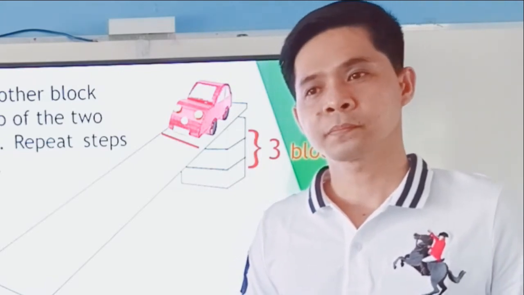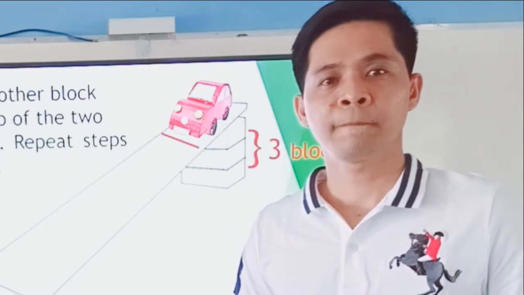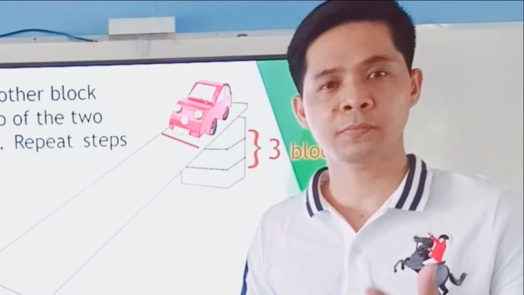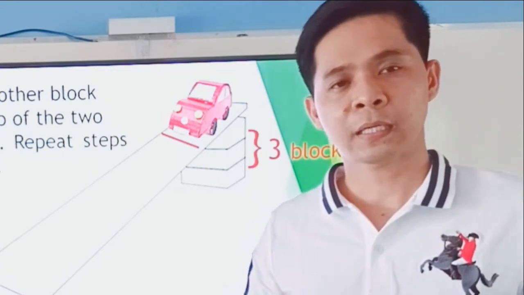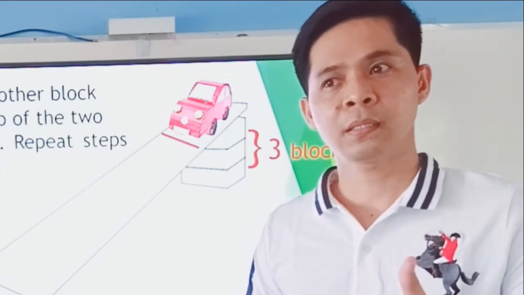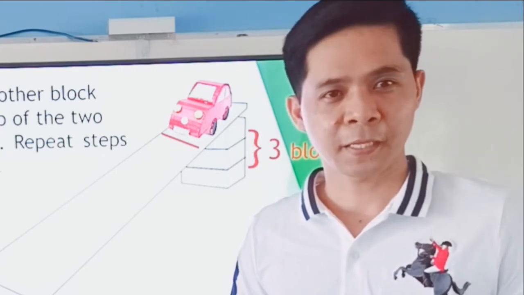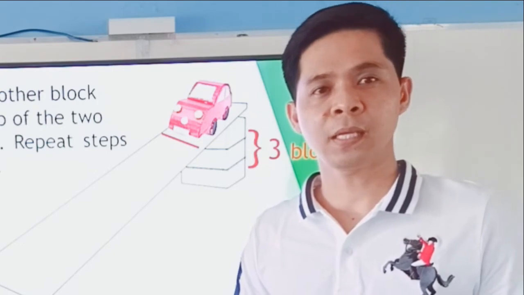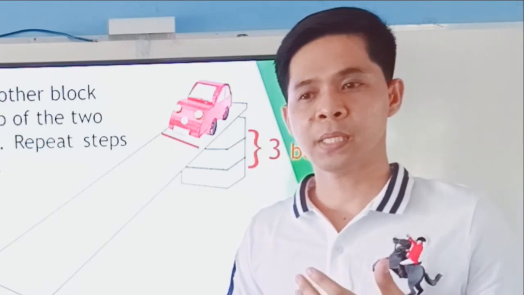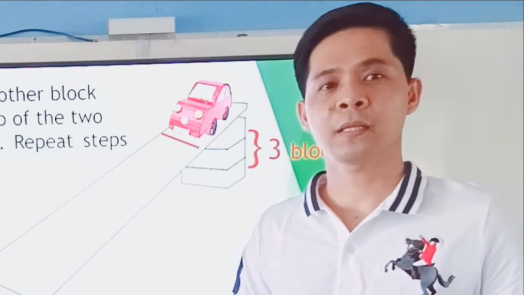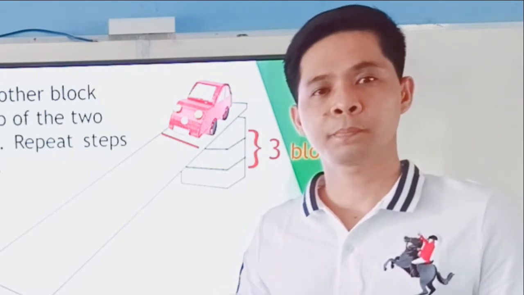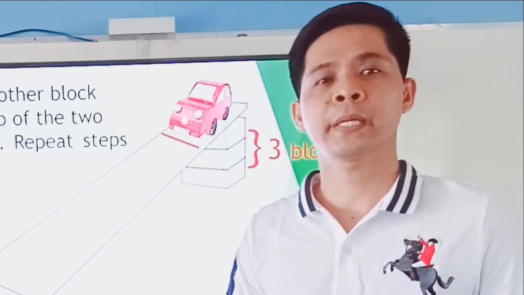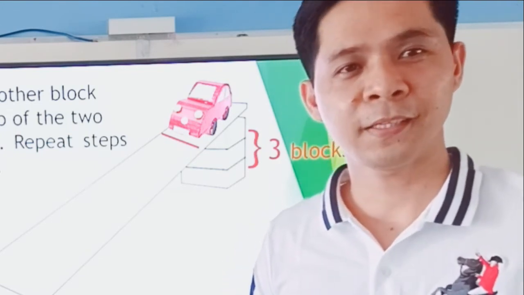So clearly, we are on the right track in the mastery of the competency, because we can see the alignment of the activity and the skills to be developed. Okay, so that's it for our second activity, and the learners are going to perform more of the activities as incorporated in the learning activity sheet.